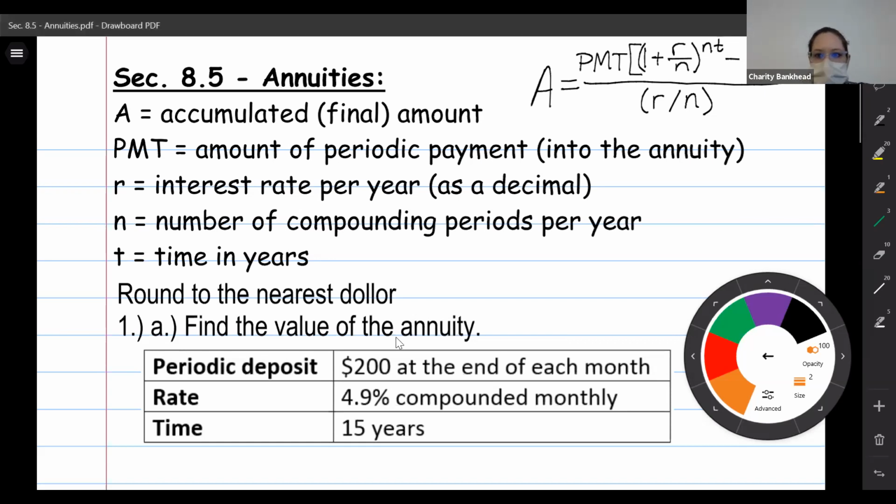All right. And other than that, pretty much all of the variables are the same, but instead of having P, which is a principal amount, you have PMT, which just represents a payment or a periodic deposit.